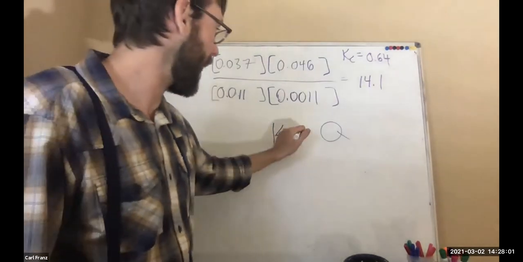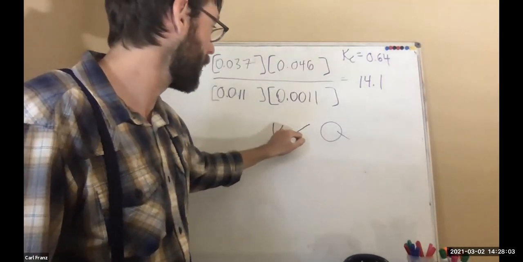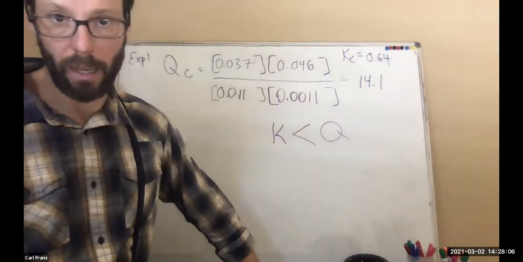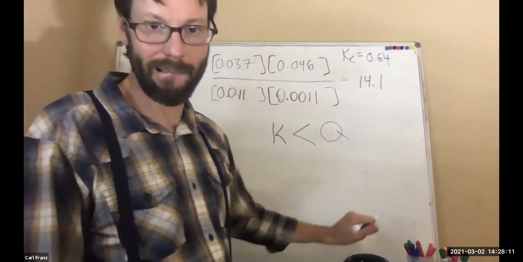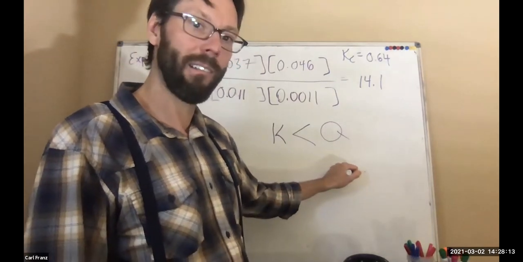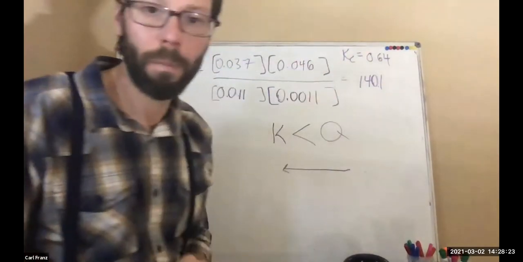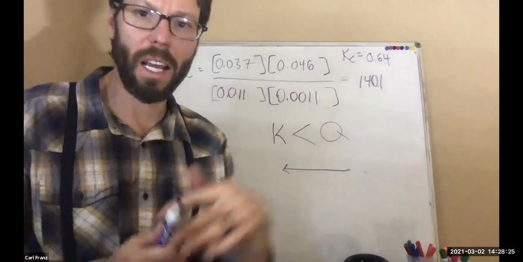Oh, I'm sorry, 14.1. Okay. So now Q is much greater than K. So now which way does it go? I got 140.1, but I may have just entered that in wrong. It seems a little high. 140.1. Okay. So someone has a decimal point off.